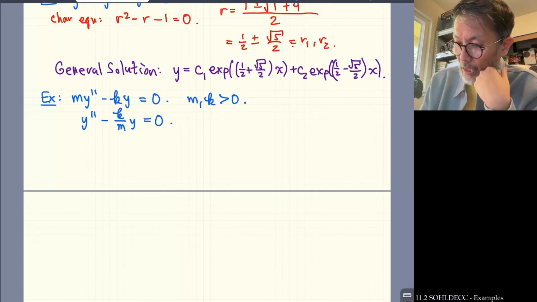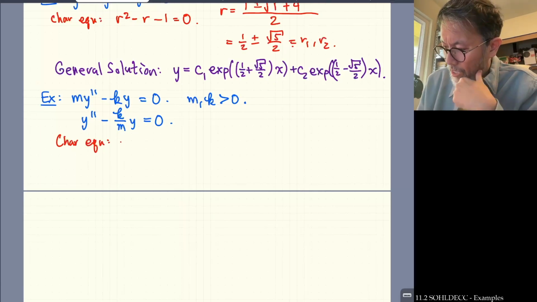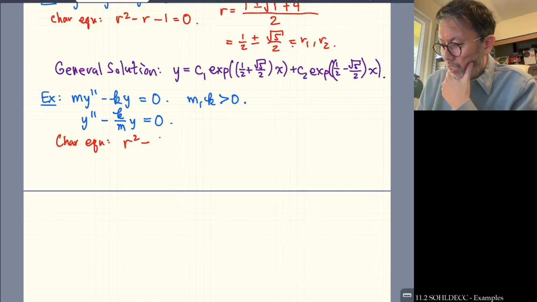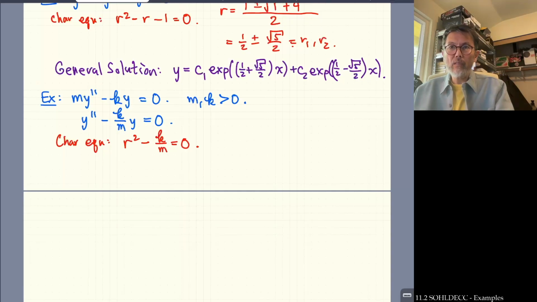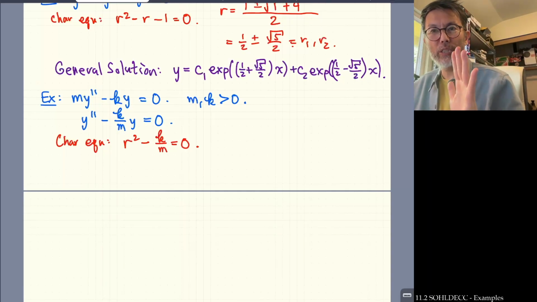You see, I just divided both sides by m. In which case, the characteristic equation is r squared minus k over m equals 0. Please make sure you understand how that happened.